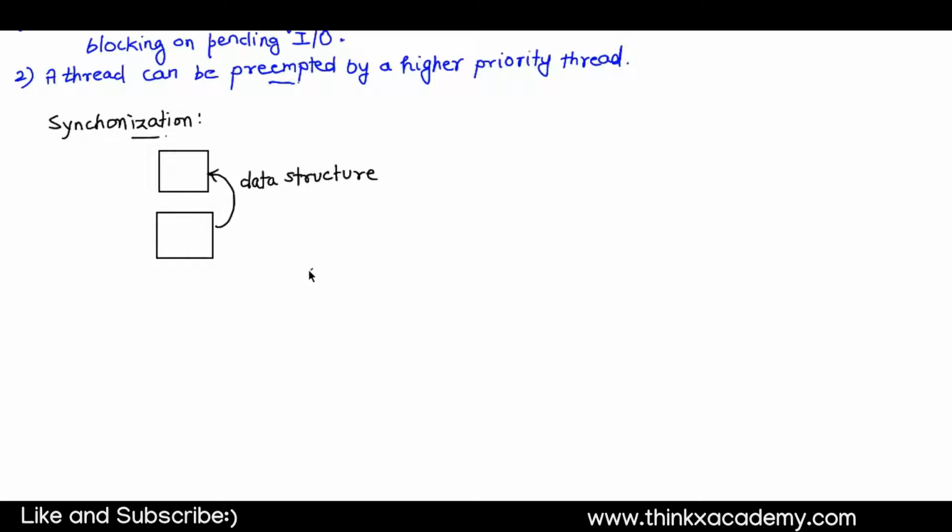When they want to do it, you need some way to ensure that they do not conflict with each other. So it's a very important note: two threads must not conflict with each other.